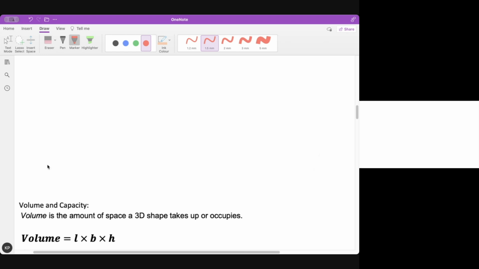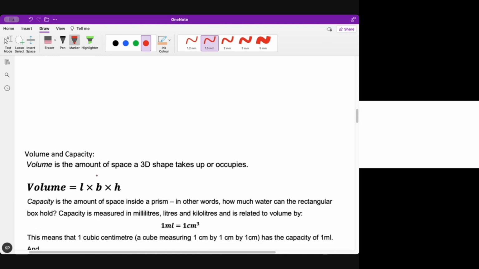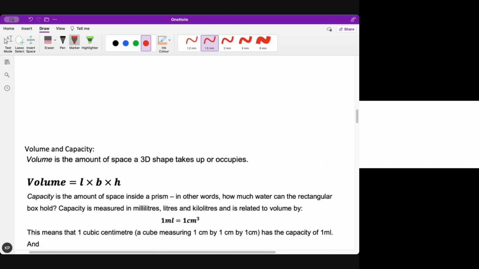Yes, okay. So volume would be how much space does this shape occupy? If I had a box, an empty box, and I had to place it somewhere in the house, I need to know how much space this thing is going to occupy. Do you guys agree? But capacity is if I want to fill that box with stuff, how much can I put in there?